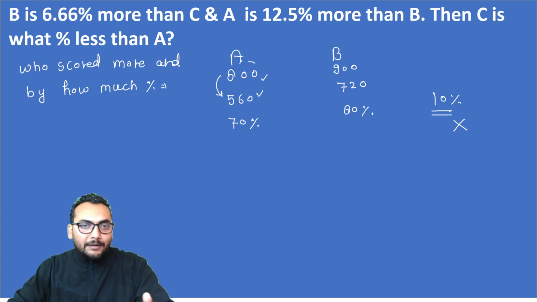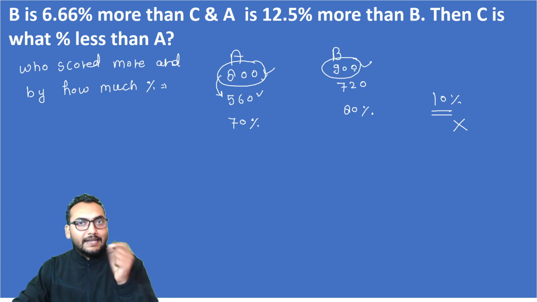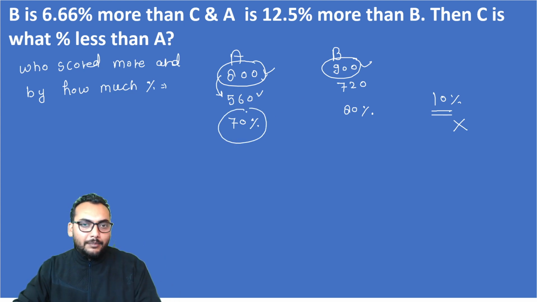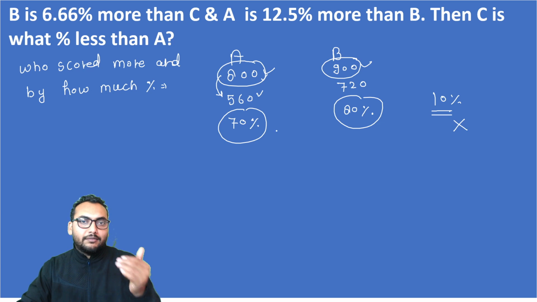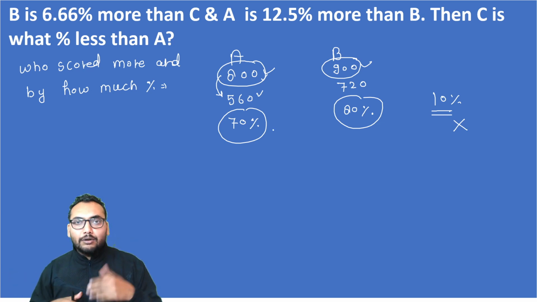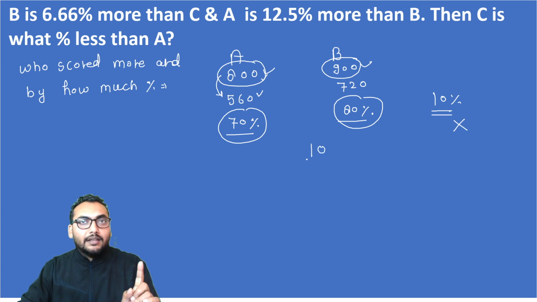That means here the 100% is something else, that is 800, and here the initial value is 900. So we cannot just say that here it is 70% and here it is 80%, and that is why we are getting 10% more. So B scored 10% more than A.